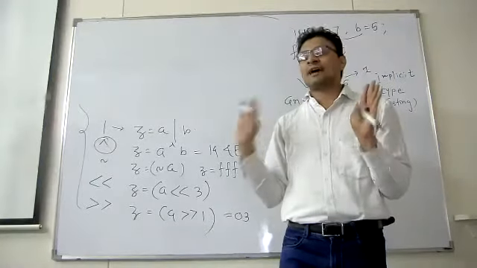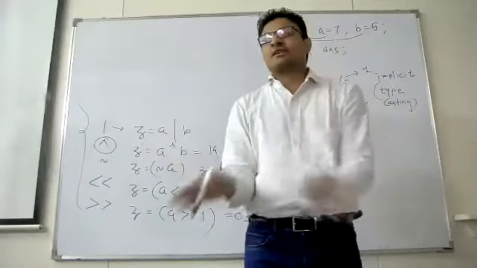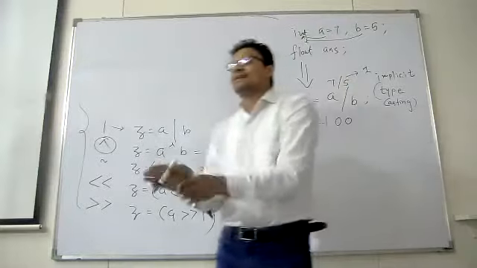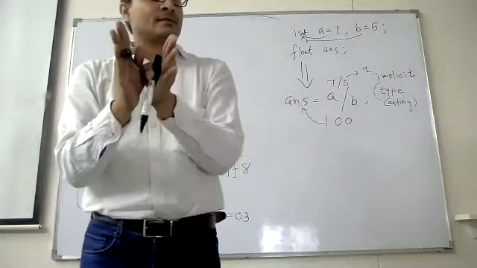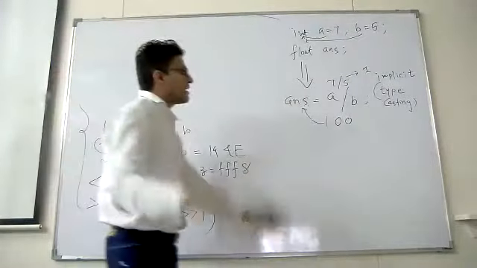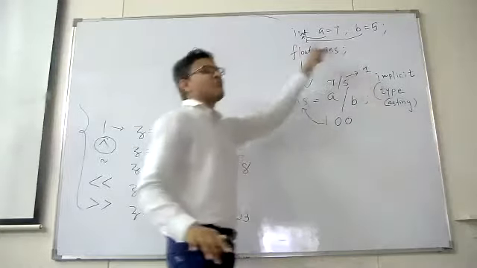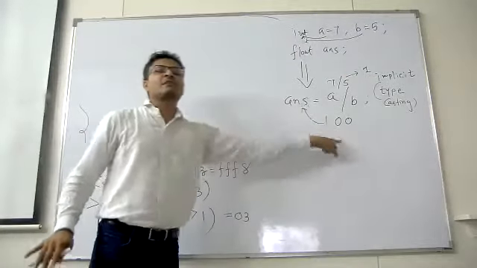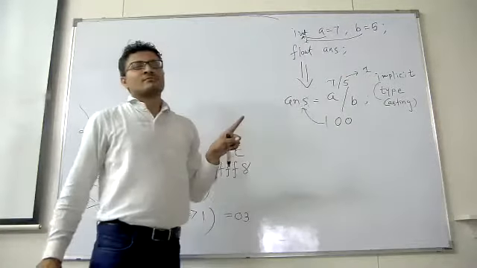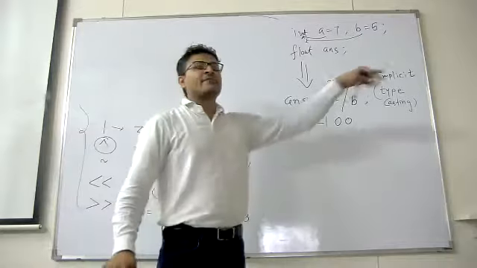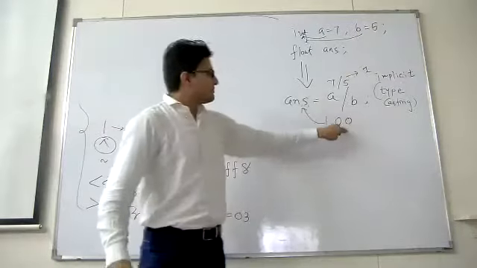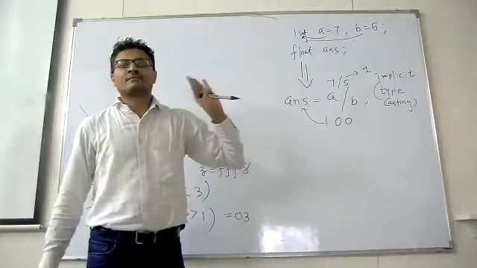Here the user has no role, so it is called implicit typecasting. The compiler will itself convert this answer 1 into a float value, that is 1.00, and it will allocate 4 bytes to store this answer.